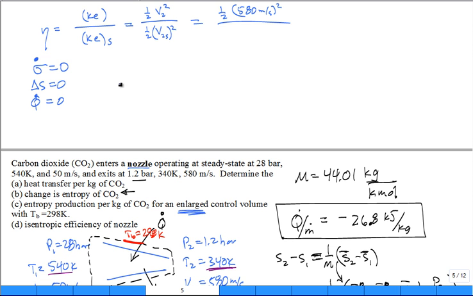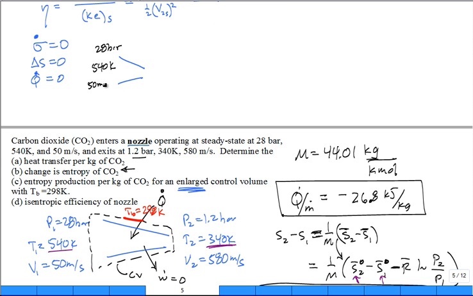So I go back and I say the inputs are fixed into this nozzle. The input of the pressure of 28 bar, the input of the temperature of 540 Kelvin, the input of the speed of 50 meters per second.